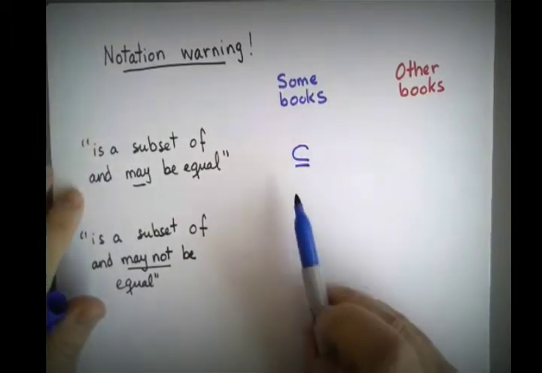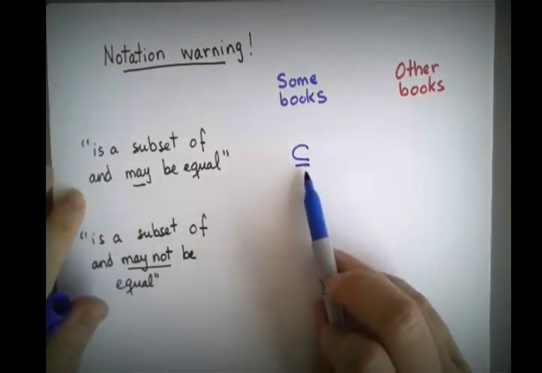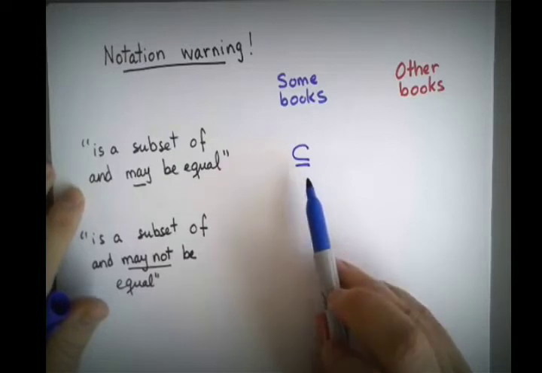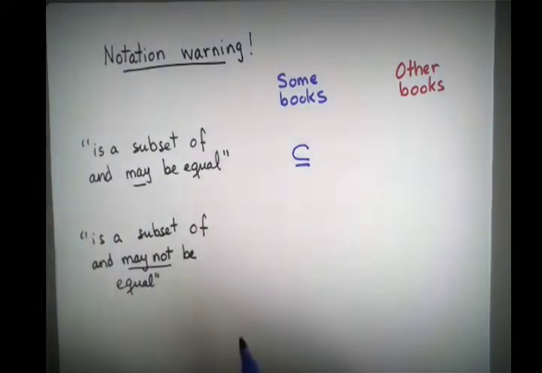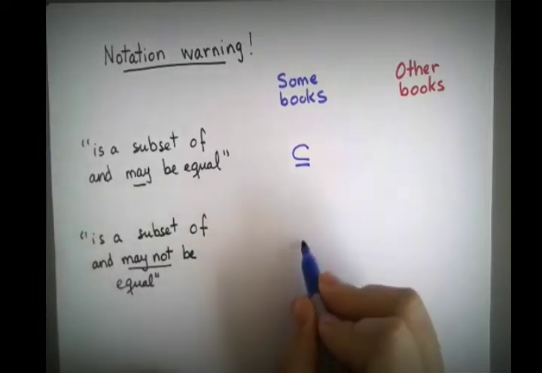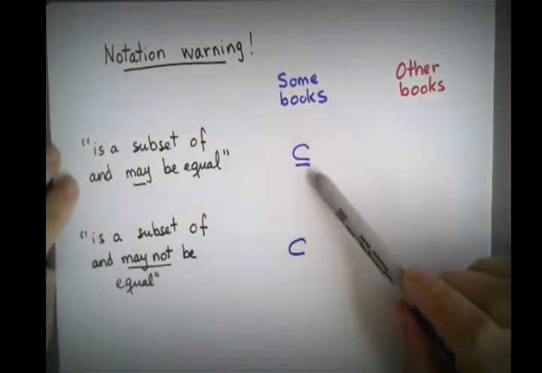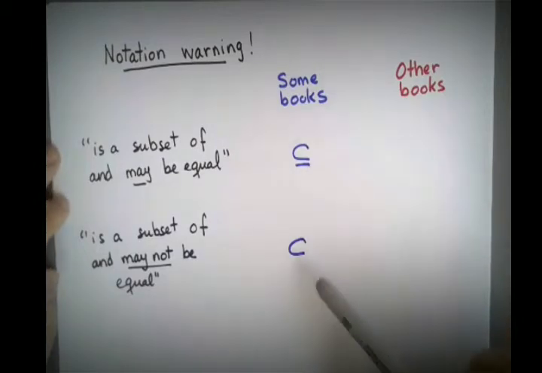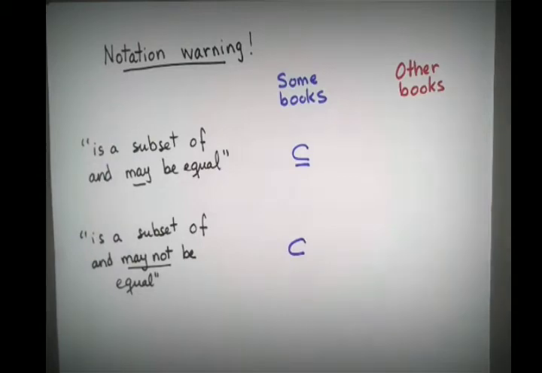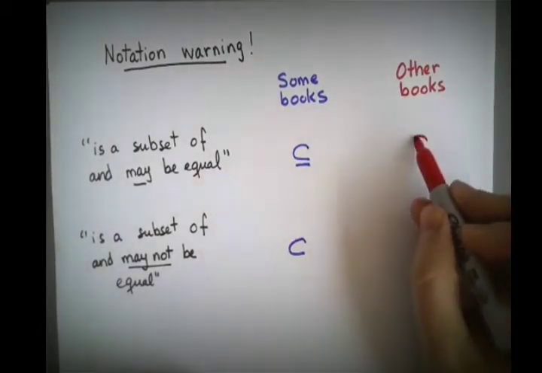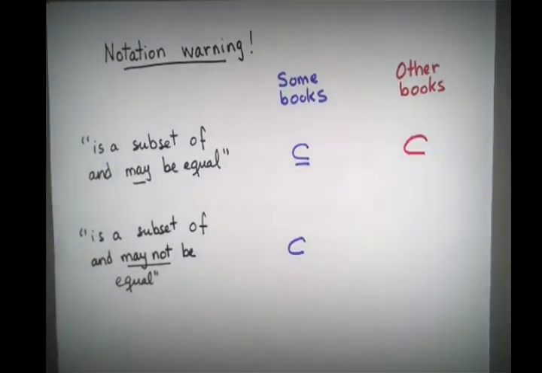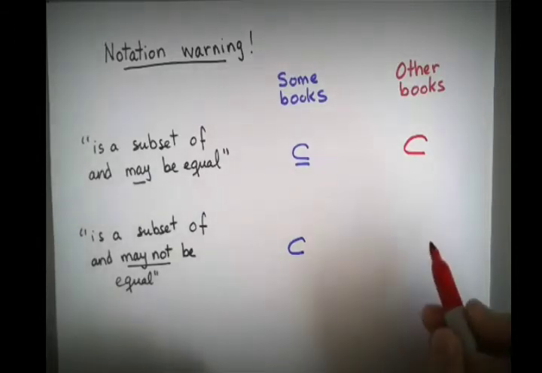This notation means a subset and may be equal. Another one is a subset that may not be equal. So see the difference between both notations, may be equal and may not be equal.